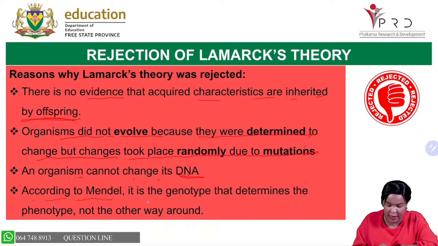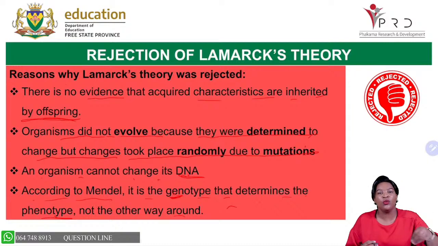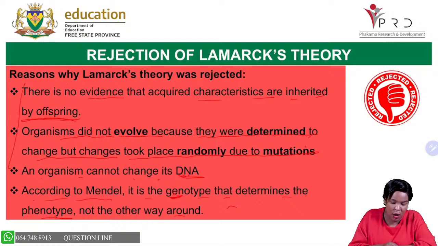According to Mendel, it is the genotype that determines the phenotype, not the other way around. So you cannot say an acquired characteristic will inform what the genes of the next generation will be. So these are the reasons why Lamarck's theory was rejected.